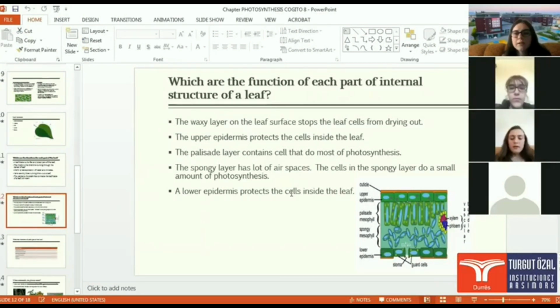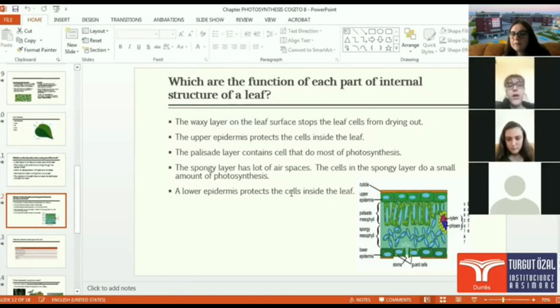Okay. Sibora, please, the upper epidermis, what is the function? It protects the cells inside the leaf. All right, very good. Sema, the palisade layer, what is the function? Sema, do you hear me? Okay, Sibora, can you please?